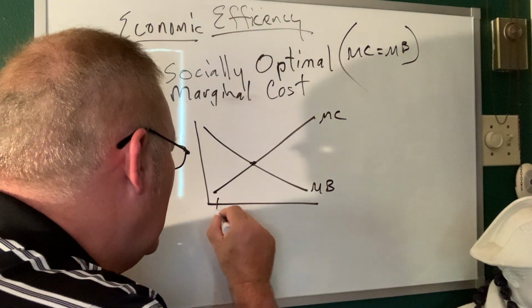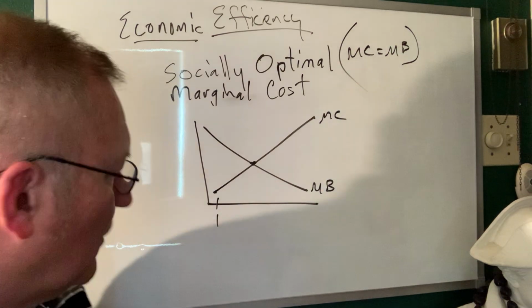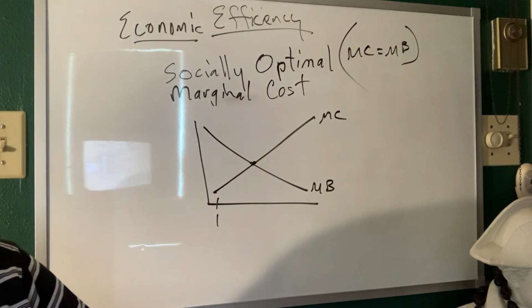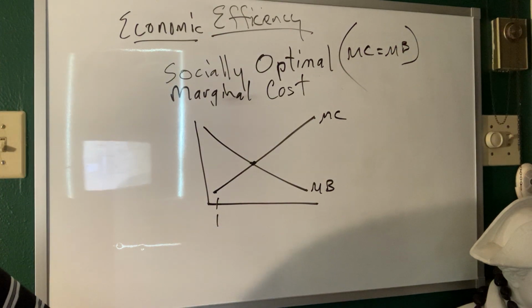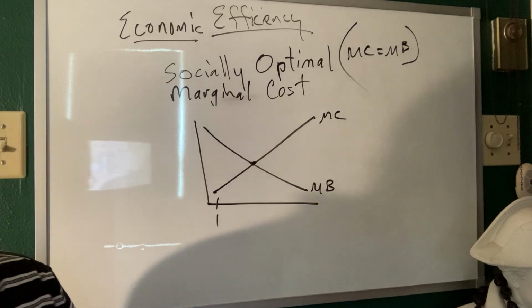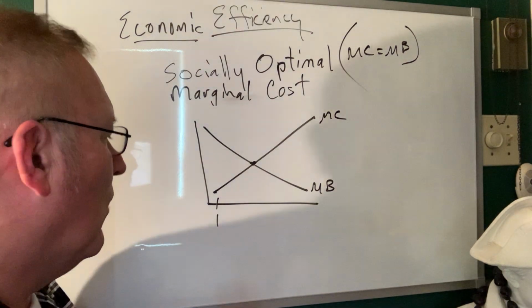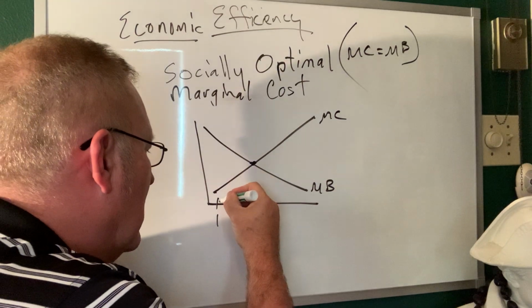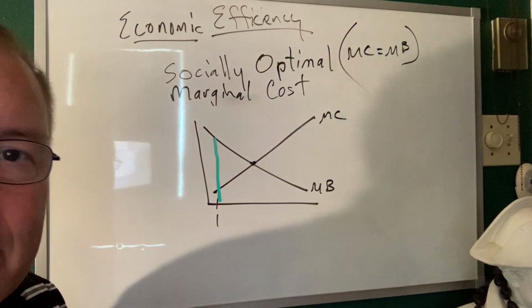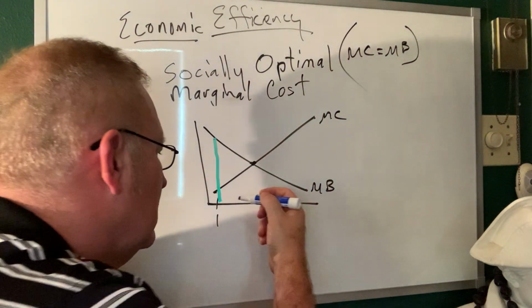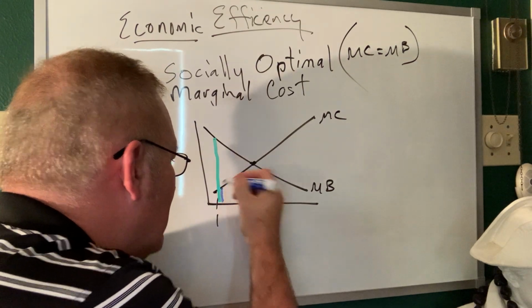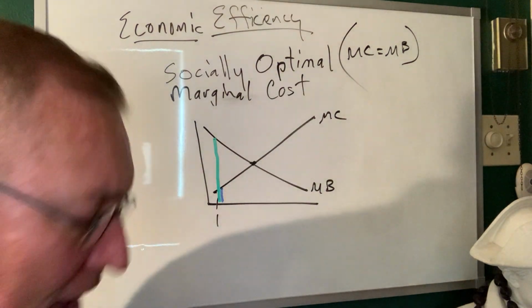And you may think about it this way, okay? So at that first increment, I'll let green be benefit. What is the benefit of that first increment? Well, it's that much, right? What is the cost? Cost is only that much. So you're gonna do it? Heck yeah, you're gonna do it.